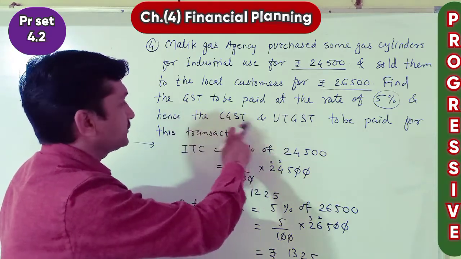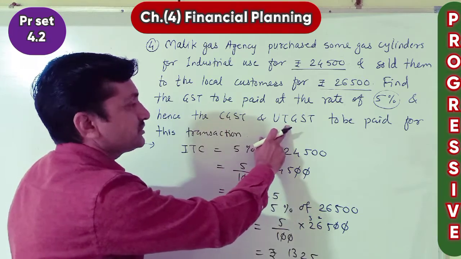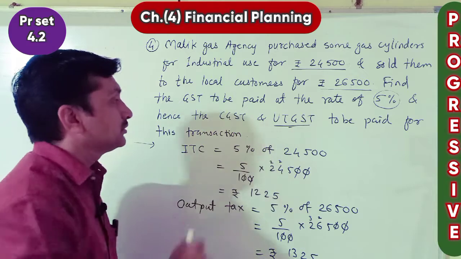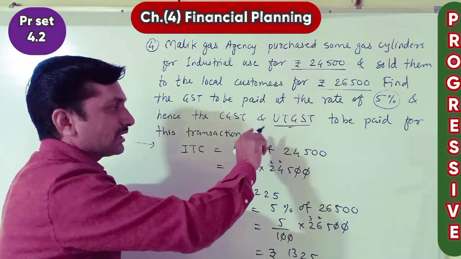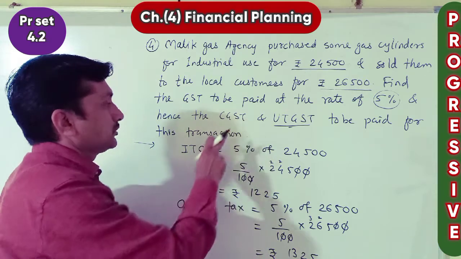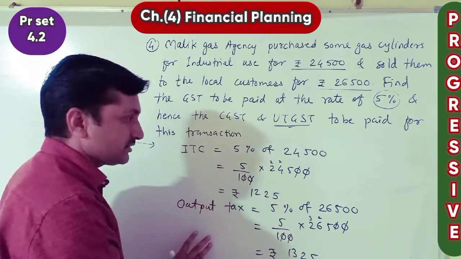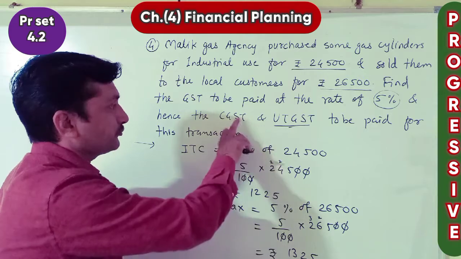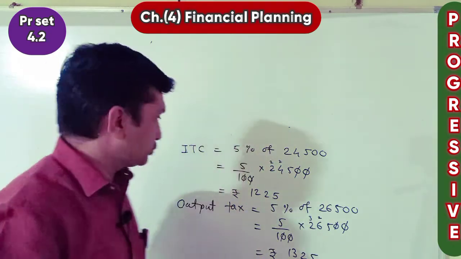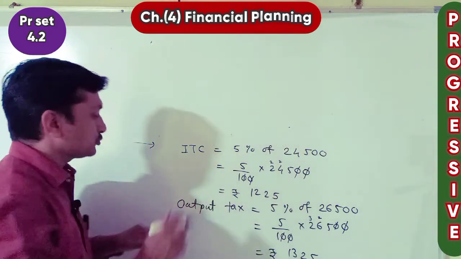Now what is to find here? Find CGST, UTGST. Instead of SGST it is UTGST because Union Territory, that is Chandigarh, but that is like GST only, that is not different. That is half of GST. Now let's find GST first and then half of that is CGST and UTGST. Now here we got both the taxes, ITC and output tax.